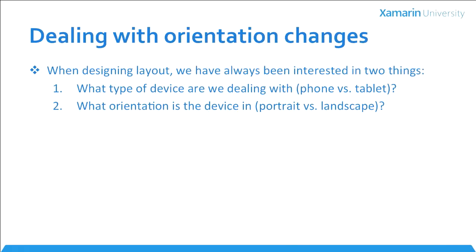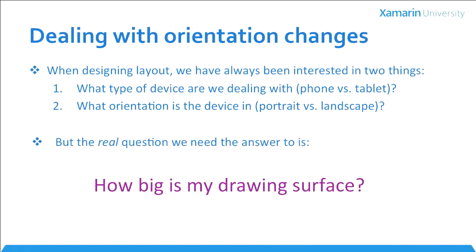And we needed these two pieces of information because these are the real world factors that drove our layout. But that's not really the question we should be asking. And what we really want to know is, how much space do we have to display our UI? How much room do I have to draw my controls?